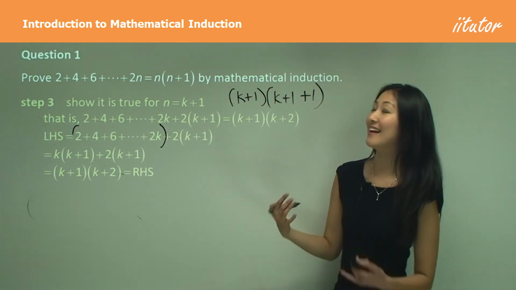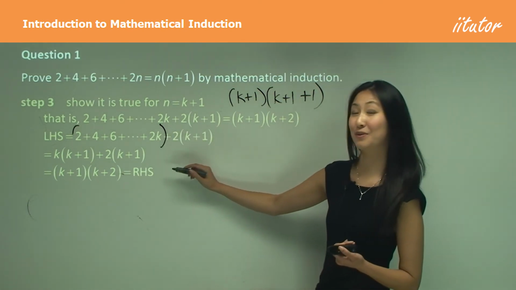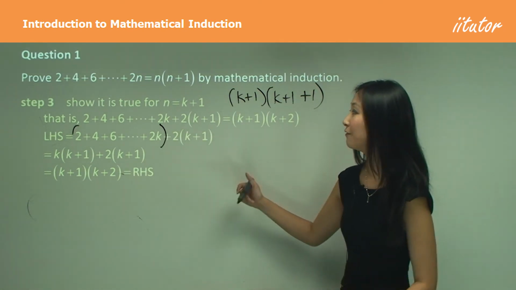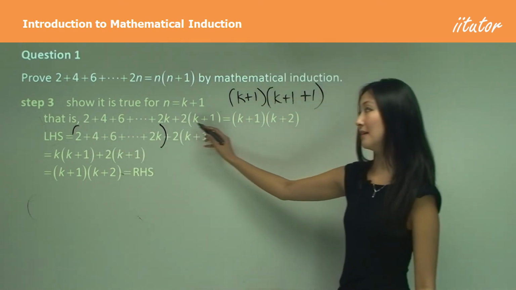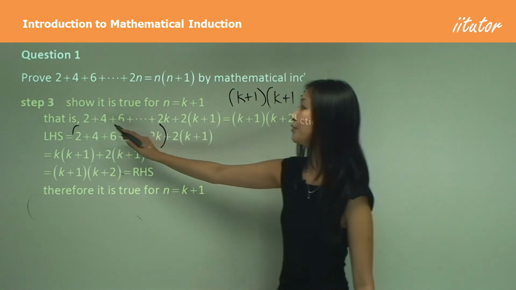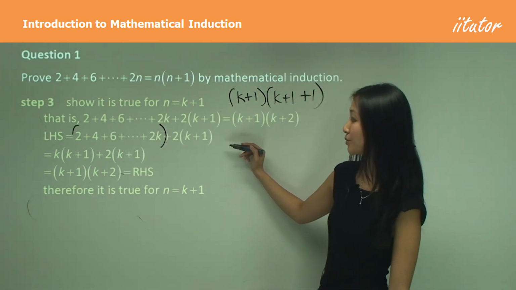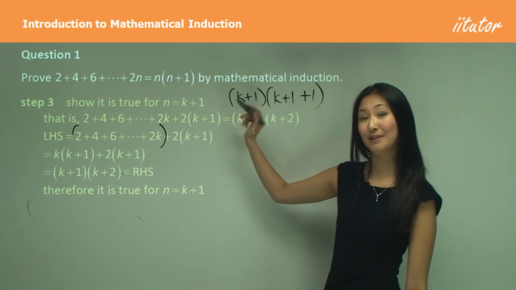So we can say that now we've made the proof. We've made the proof that the left-hand side equals the right-hand side. So therefore, we've proved this over here. So therefore, since we've made the proof that this equation does equal that, we can say it is true for n equals k plus 1.